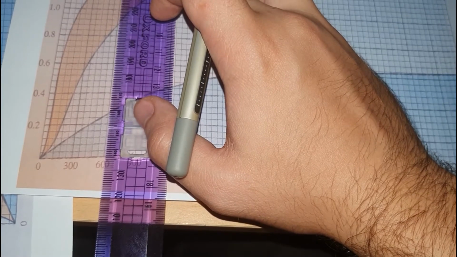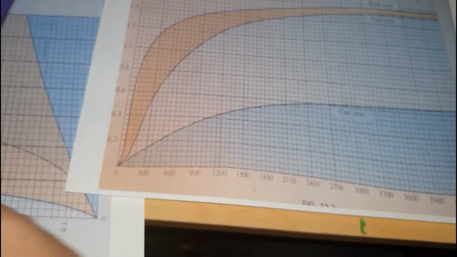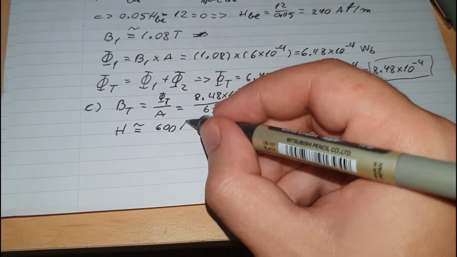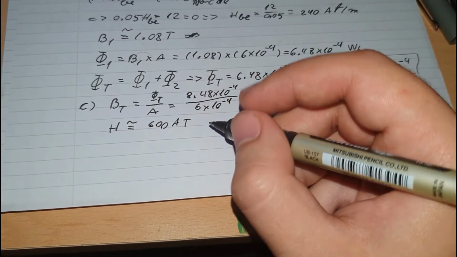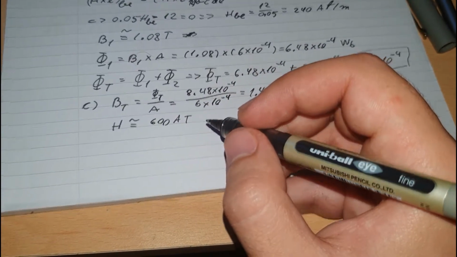There you go, 600. So this would be 680 per meter, isn't it? Yeah, I think so.